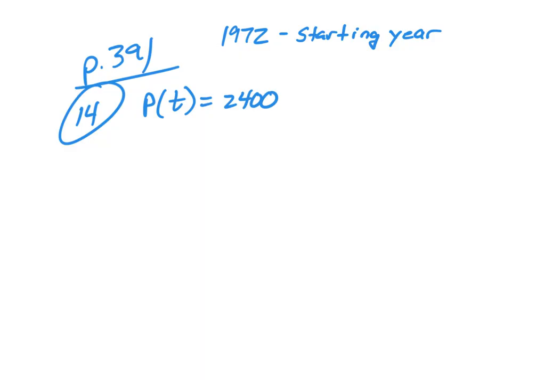T is the number of years after 1972. So in 2023, minus 1972, how many years have passed? 51. Okay, so 51 would be my T value.